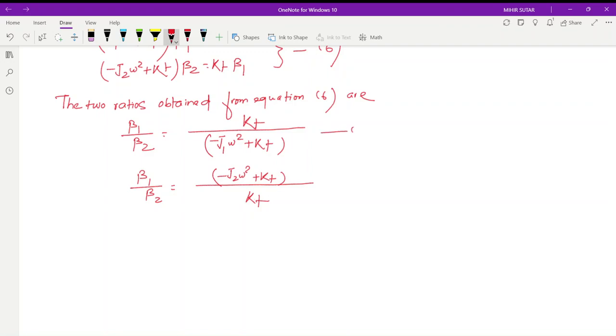Let's say this is equation 7, this is equation 8.